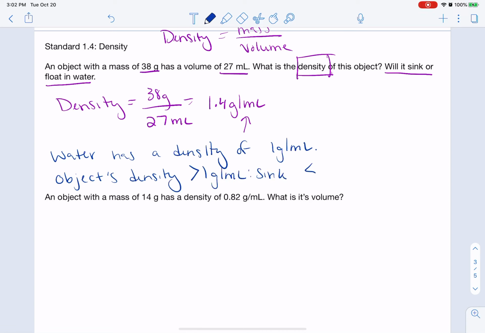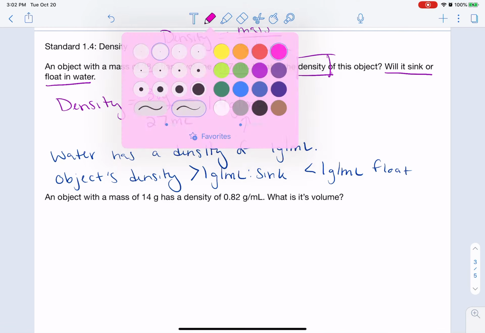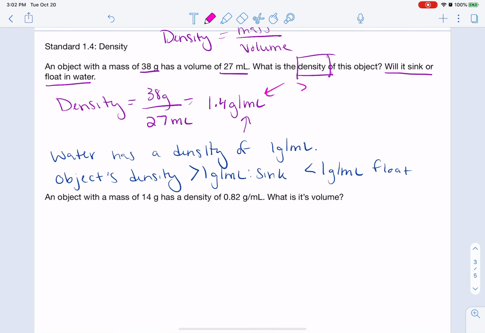And if it's less than 1 gram per milliliter, it'll float. Okay, so looking at this, I see this is greater than 1 gram per milliliter, and that means it's going to sink. Okay, so I just found the density by dividing the mass by the volume, and then I compared it to 1, right? So 1.4 is greater than 1, so that means it's going to sink.